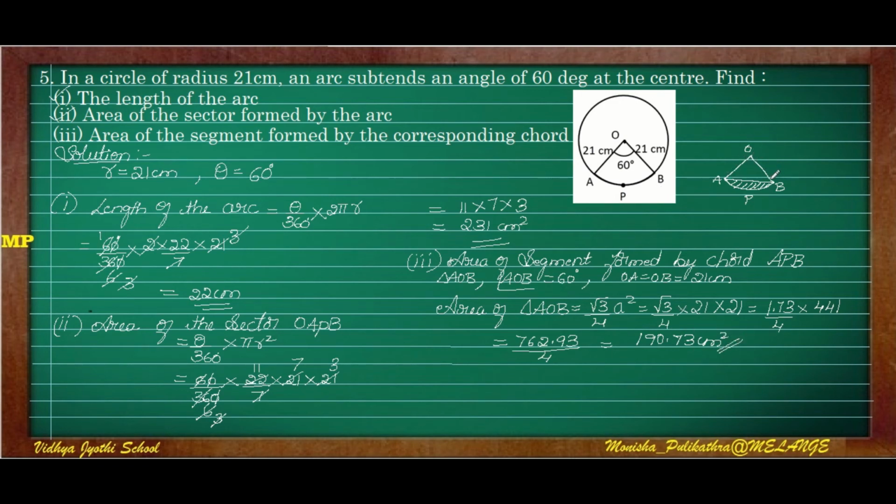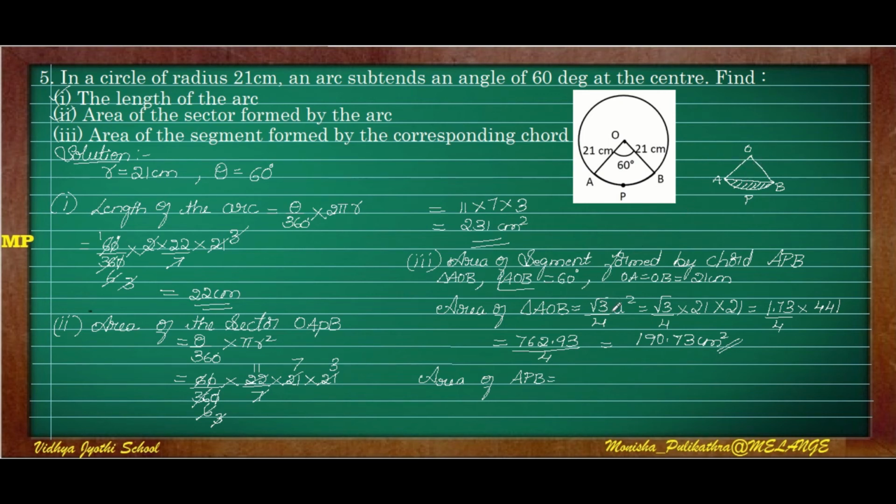So AOB. Okay. This arc we have already found out. The arc value is area of a sector, that is 231. So the whole is 231 and this triangle is 190.73, but we have to get this, area of APB. If you want to get area of APB, then you have to subtract the triangle from the whole thing.